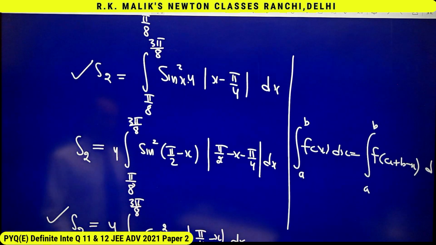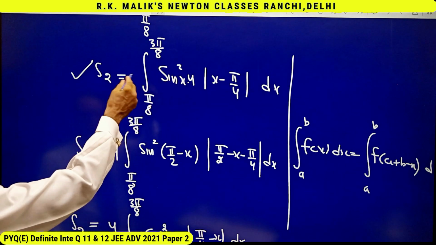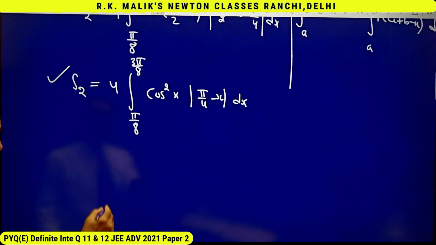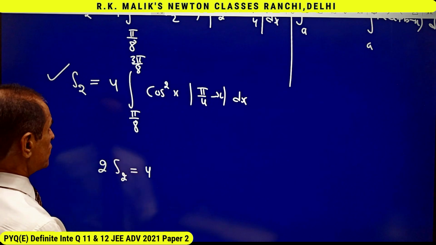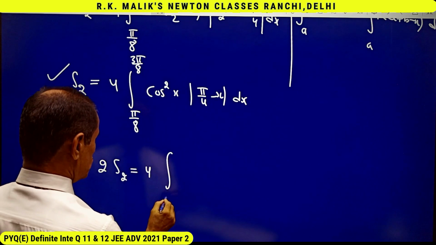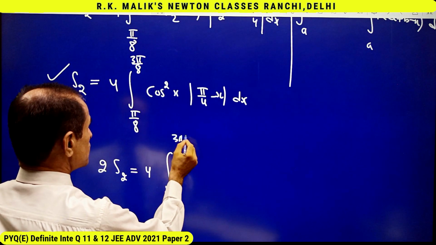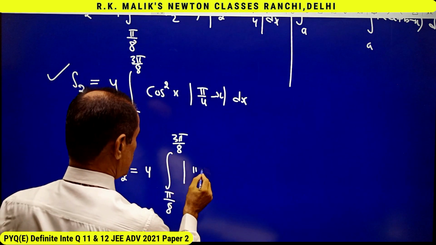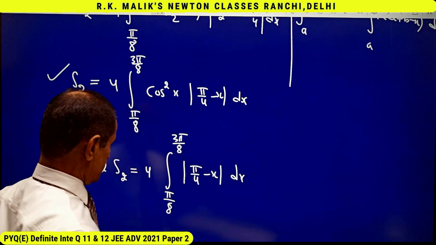And now to calculate further, I add this and this. Note that 4 should be taken common. After taking 4 common, if I add these two, then I will be getting 2 S2 is equal to 4 into the integral from pi by 8 to 3 pi by 8 of mod of pi by 4 minus x dx.